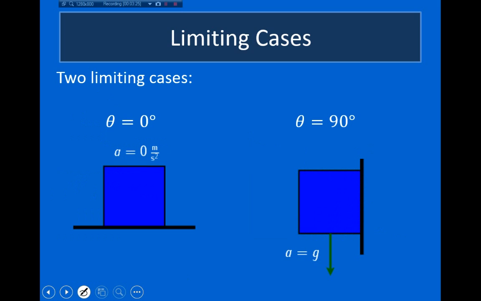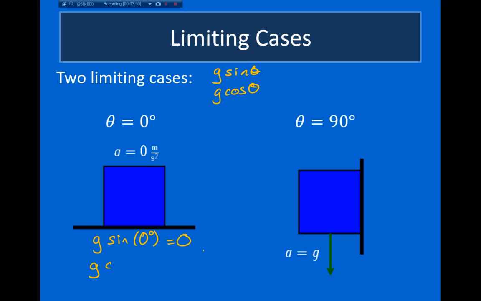So using these two limiting cases, we can figure out which equation is the correct one. So we had two things. It was either going to be g sine theta or g cosine theta. So if we consider when theta equals 0, we have g sine of 0 degrees. And in this case, we know the acceleration has to be 0. Well, sine of 0 degrees is 0.